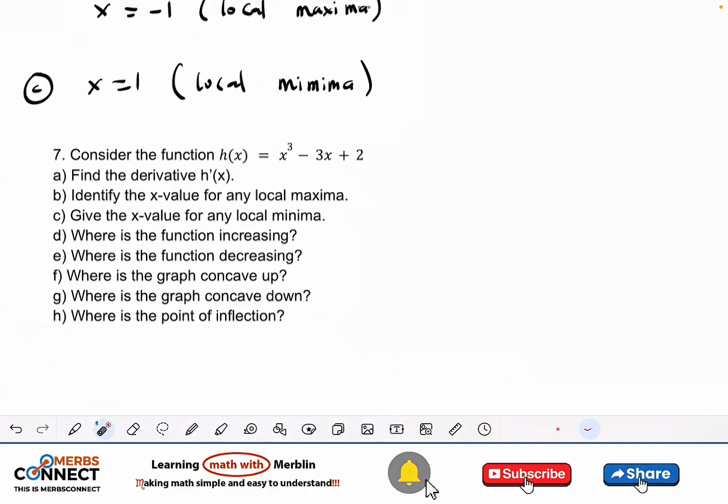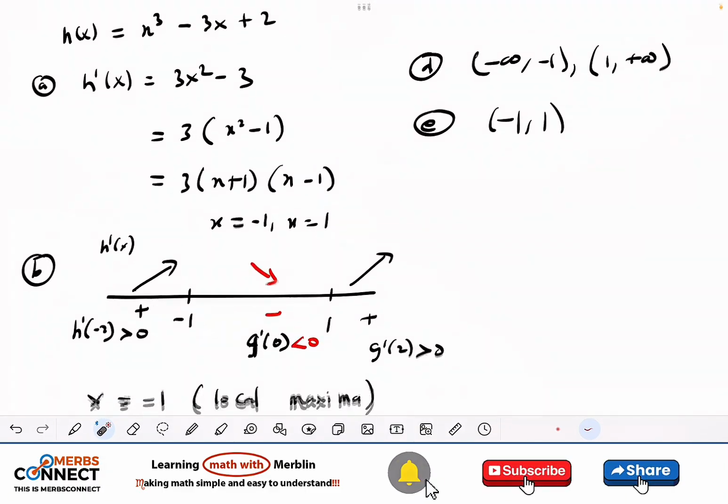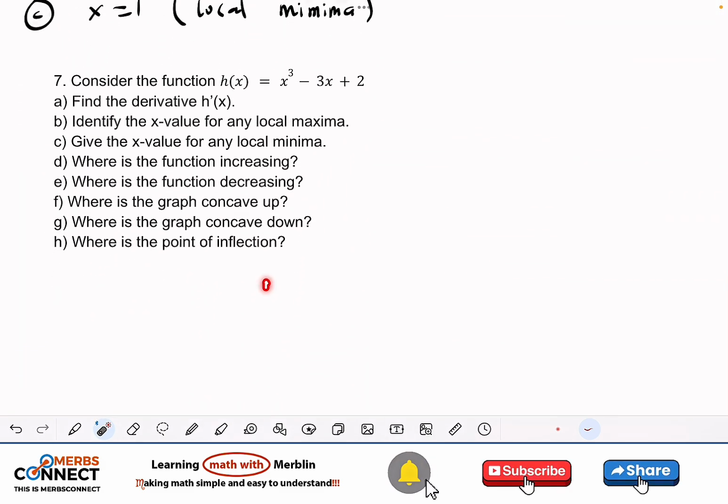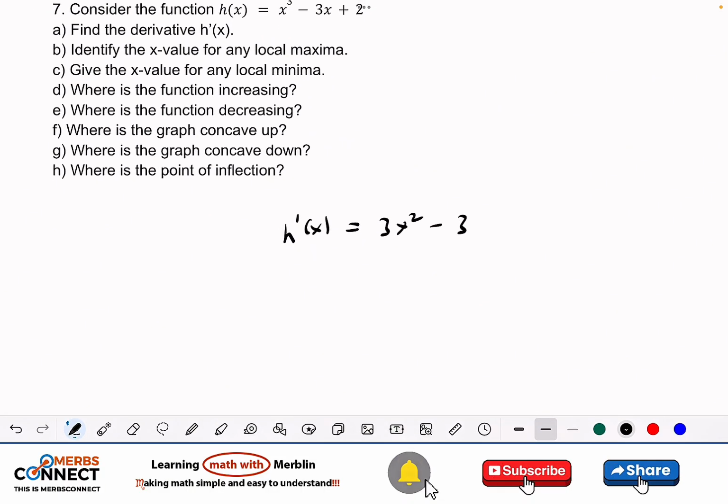So let me do the H first. But first, let me pick the derivative that we did. We had h prime of x to be equal to 3x squared minus 3. So for us to talk about H, we need to take the second derivative, right? So h double prime will be equal to 6x, and then this one is like 0.